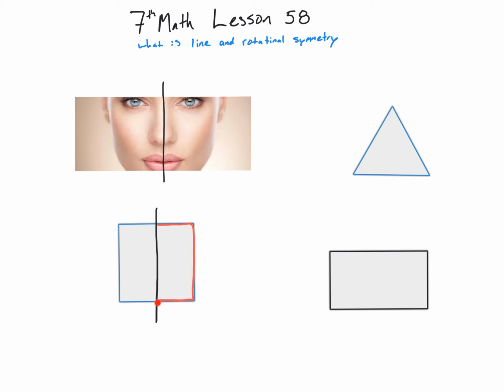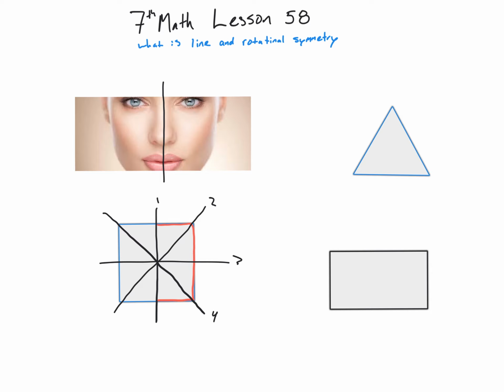Both sides on either side of that line, if I were to fold along it, would be the same. Now a square also has other line symmetry, because I could also draw it this way. Maybe I should do the same color this way. And I can also go from corner to corner through the center like this. So this one actually has 1, 2, 3, 4 lines of symmetry on it.